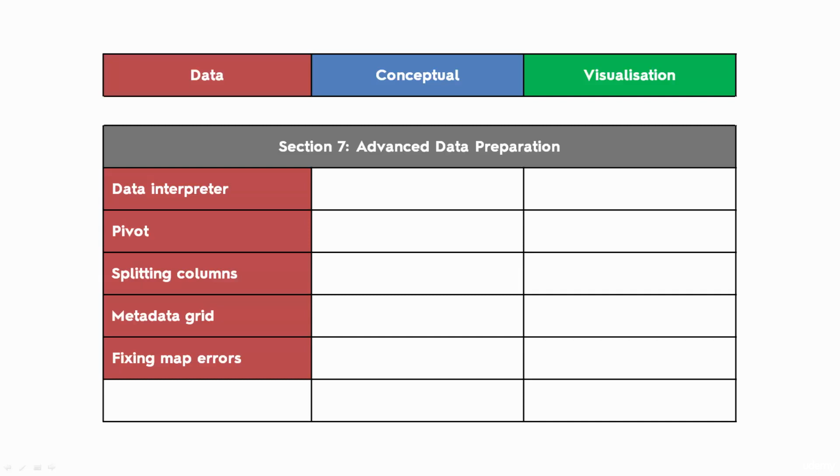When it's, for example, coming from a database or somewhere, you can split things like name and surname into separate columns. The metadata grid, which allows you to polish up the presentation of your data, change column names, and see where everything's coming from. So kind of like a control center for your data connection. And fixing up map errors. We also talked about that, what errors can come up in maps and how you can easily fix them in Tableau.